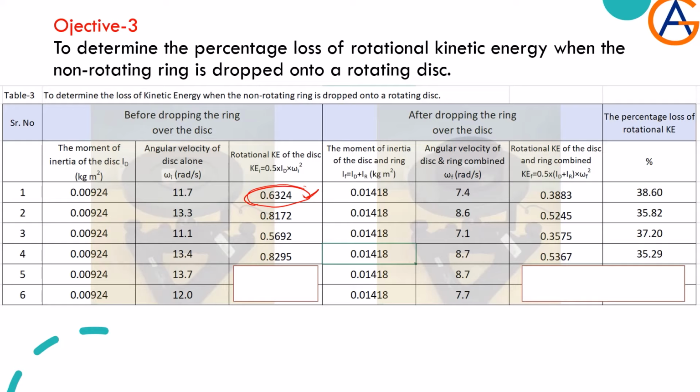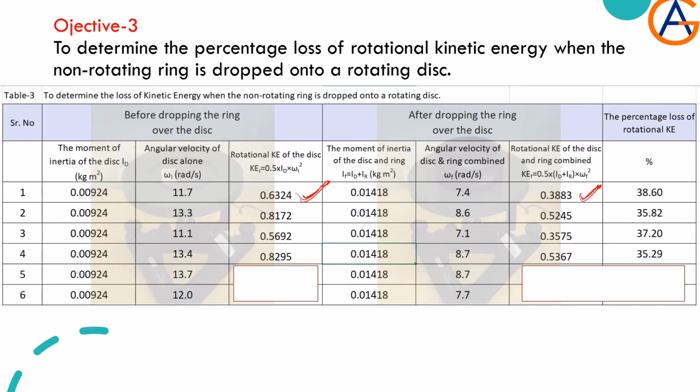Let's check what happens to the rotational kinetic energy of the system after dropping the ring. Here it is very less. Obviously we get a very low value, a lot of energy loss we can expect because it is an inelastic collision. So we observe there is a difference: initially more kinetic energy, finally less.